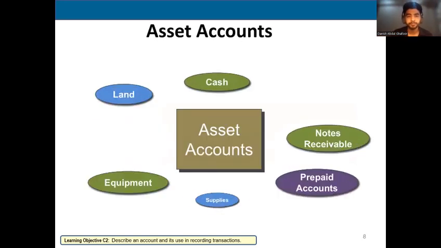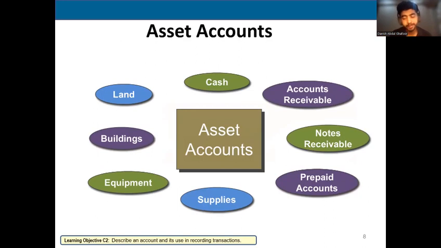Asset accounts. As I already told you in a few previous slides, there are different asset accounts. Cash is your asset, and accounts receivable is also your asset. Accounts receivable is when you have given your services or your product to someone, or you have made the sale, and you haven't received the payment yet.